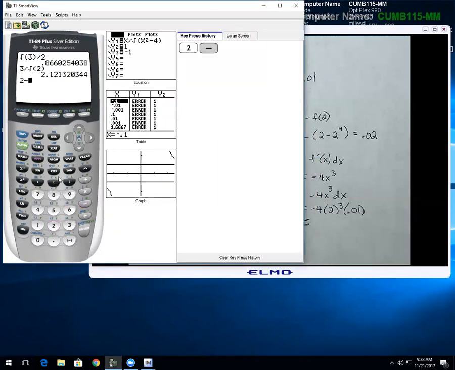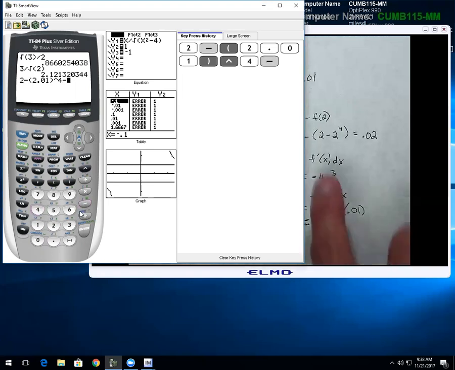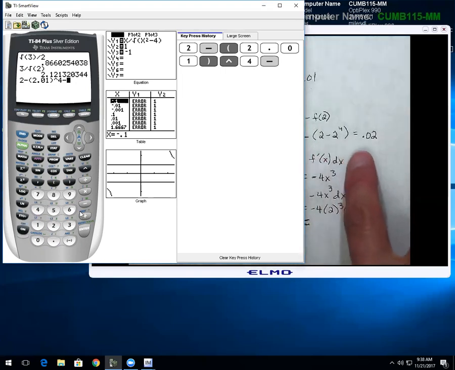2 minus 2.01 to the 4th, minus, in parentheses, 2 minus 16 is negative 14. 2 minus negative 14 is 2 plus 14. What did I just say? 2 minus negative 16 is negative 14, plus 14.